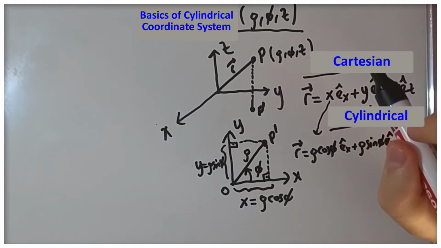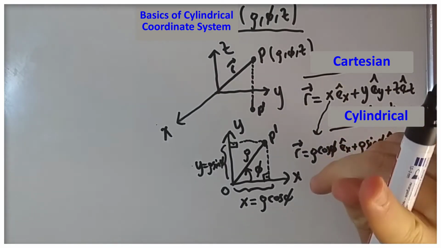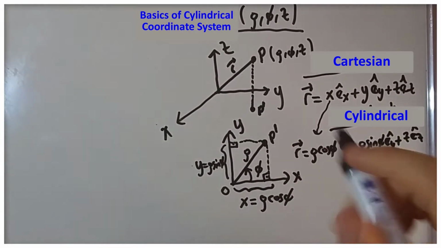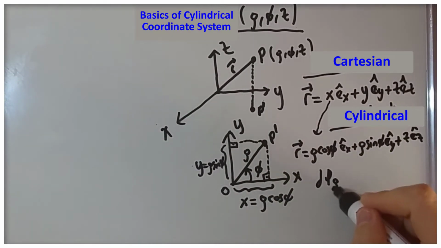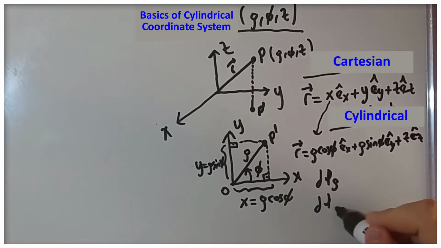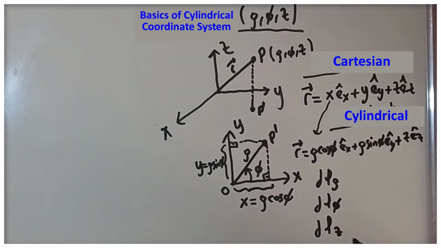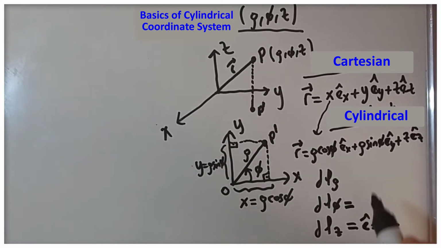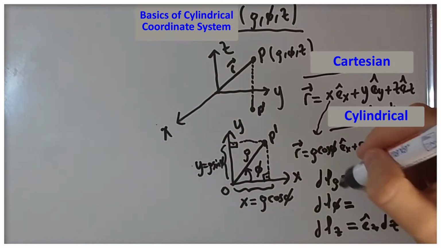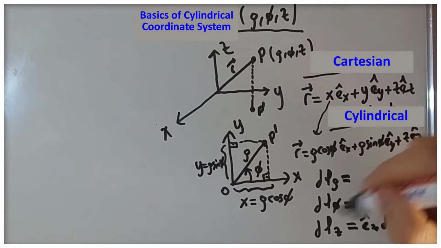Now, after I have expressed it in this way, an important point is that I will of course have to write a dl for them too. How do I rewrite dl for rho? How do I rewrite dl for phi? How do I write dl for z? First of all, you already know that the length is no different from the previous one, dz in the direction of ez. We have no doubt about that. But there is a situation like this.